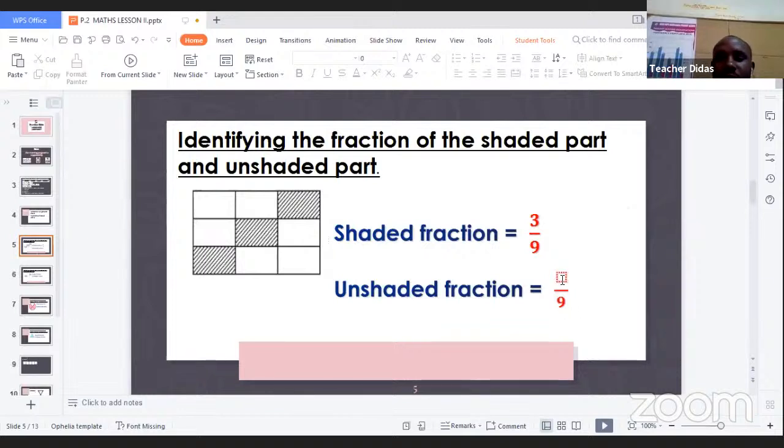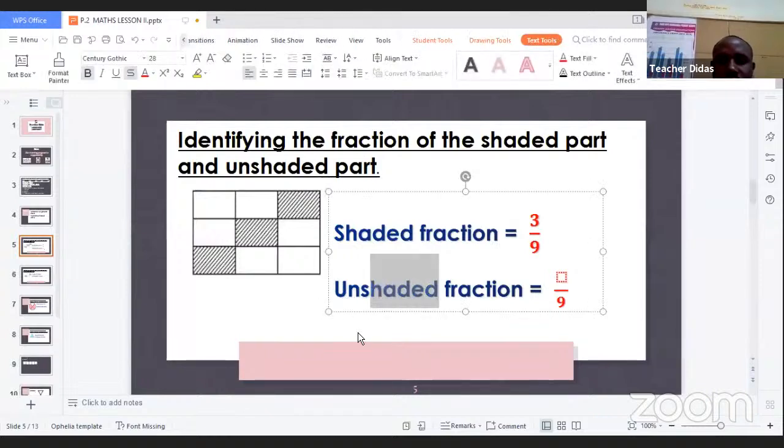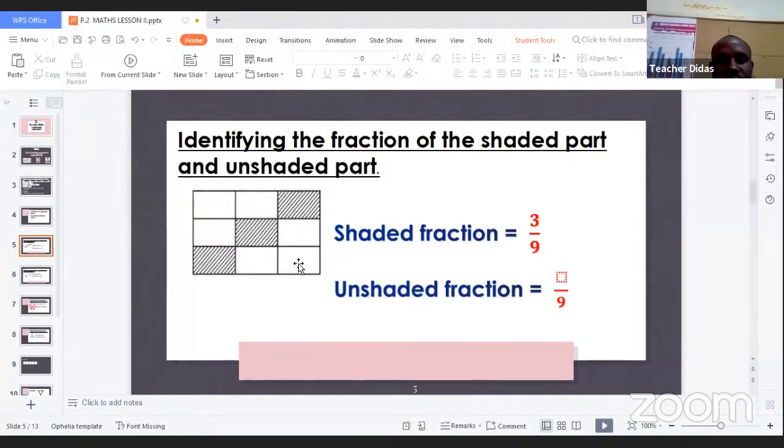What do we put up? We shall count the unshaded parts. They will act as our numerator here. So let's count the unshaded parts: 1, 2, 3, 4, 5, 6. So the unshaded parts are 6, and we shall put it up here, and it will work as our numerator. So that's how it moves.